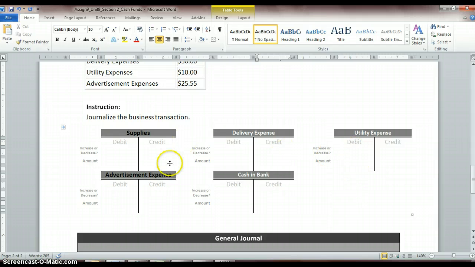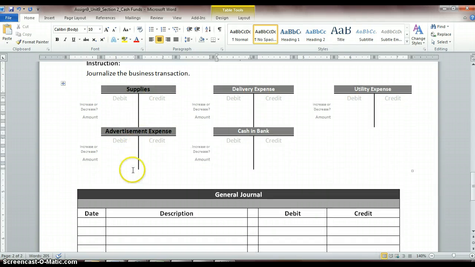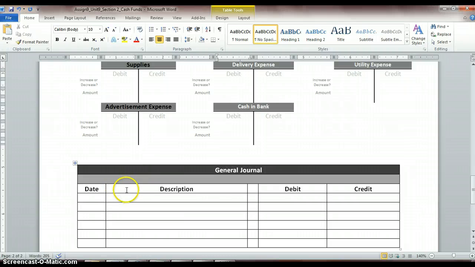We're not recording actually physically putting that money back into petty cash. We're just recording paying off these expenses with cash and bank. So these are going to be increasing, and our cash and bank should be decreasing. Record those appropriately in the T accounts, and then also make your journal entry.